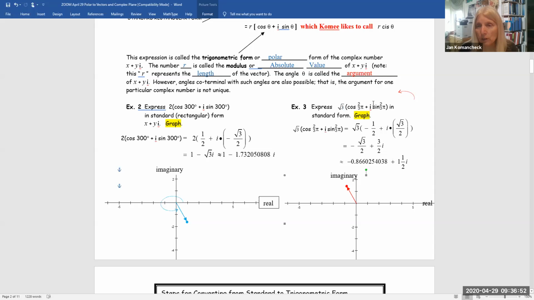My angle is 120 degrees, and that angle theta is in standard position. Let me go ahead and draw that in. There's my angle of about 120 degrees. So this represents the length of my vector, this represents the angle, and this represents my complex number, and then this represents my graph of that complex number.